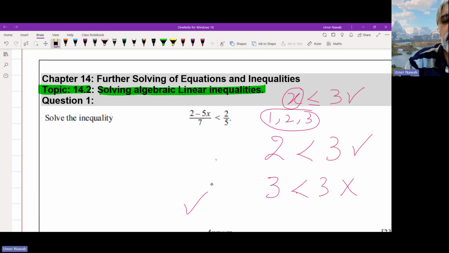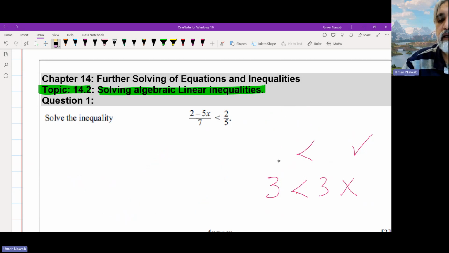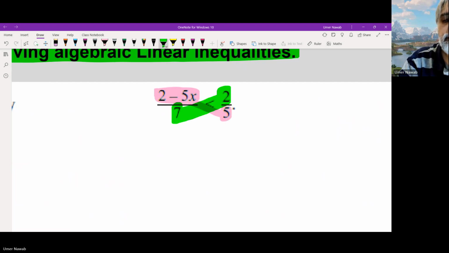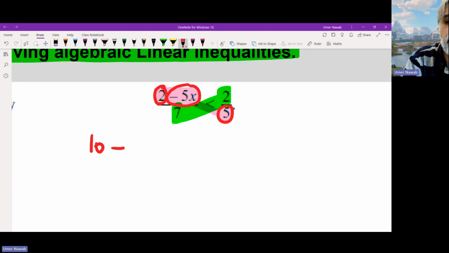Anyways, I will solve all the inequalities like equations. So let's do it step by step. I will go for cross multiplication. So this 2, when it multiplies with 5, it makes 10. Minus 5x multiplied with 5 is minus 25x.